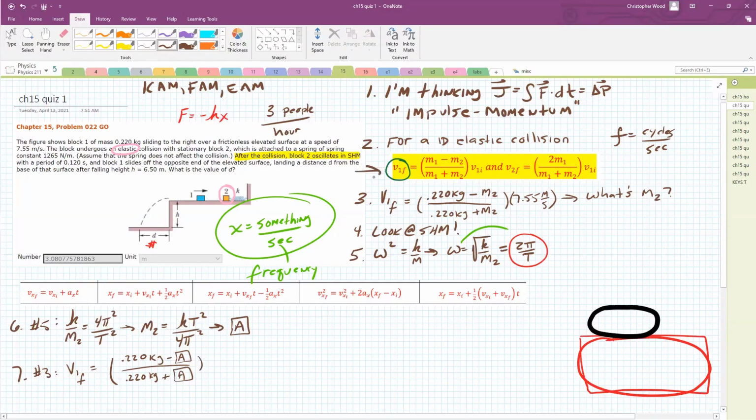So again, I'm just keying right here. V1 initial, the velocity of block 1 as it was colliding with block 2, was 7.55 meters per second. So let's put that in calculator memory location B. And the negative, I think the negative makes sense.